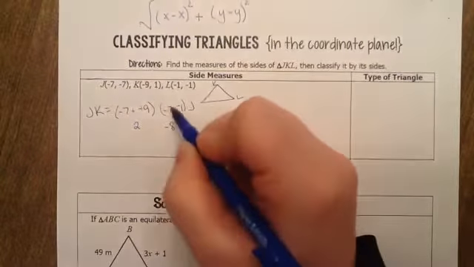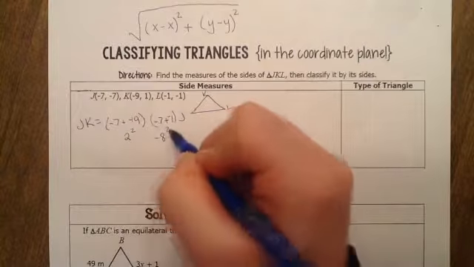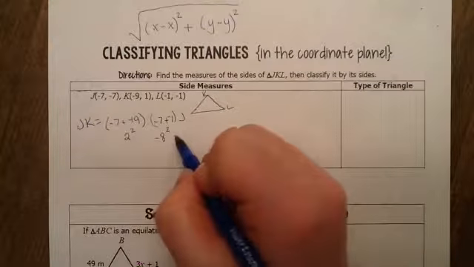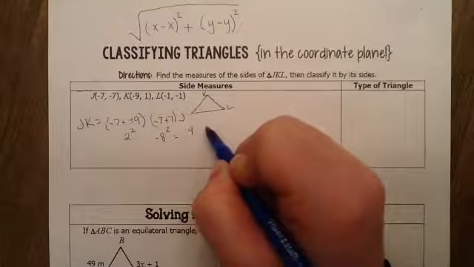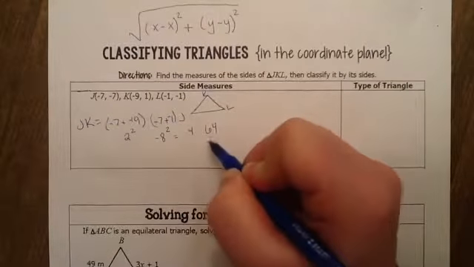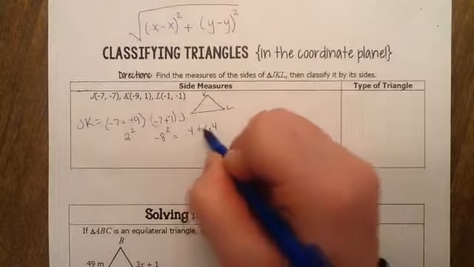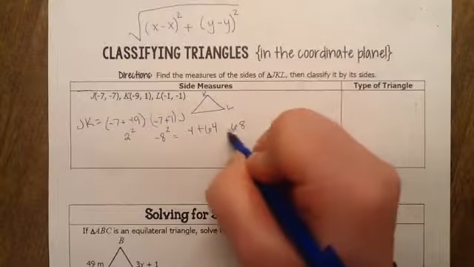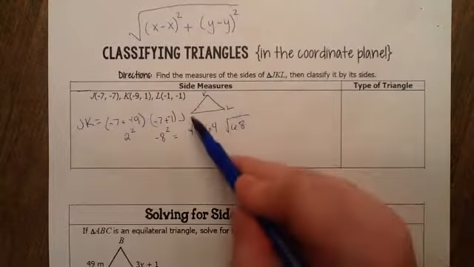Now what comes next? Square them. 2 squared is 4. -8 times -8, 64. Then what? Add them and square root. And you can leave it just like that, or you can find the exact measure. So that is this side here.